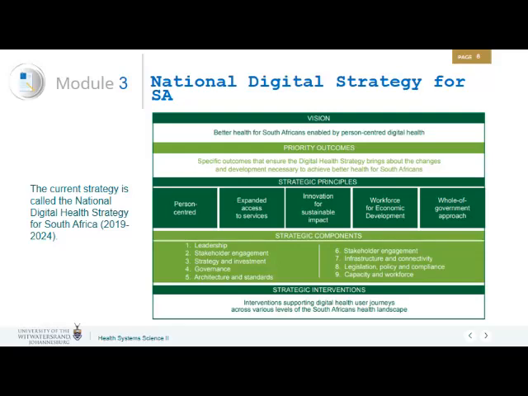The second stage was then to link up the different facilities within a district so that if a patient was moving from one facility to another facility, their patient record would be accessible in different facilities. And the third stage was then to link all those facilities at a district level to a provincial level so that could feed into the national information system.